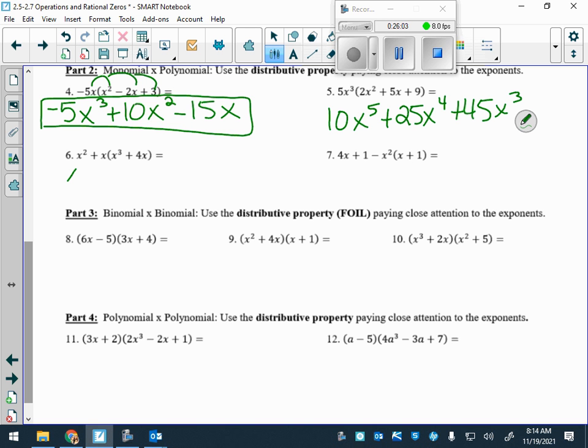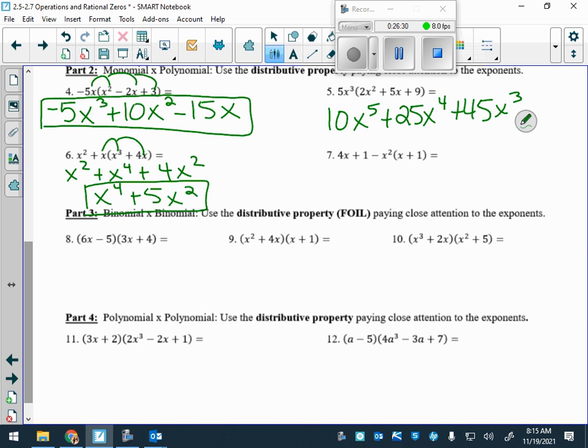Good. So when we distribute, we have x to the 4th, then we have plus 4x squared, then we combine like terms. Again, we want to finish writing it in standard form. So x to the 4th plus 5x squared. Yeah, Hannah? You distribute the x just to that parenthesis.